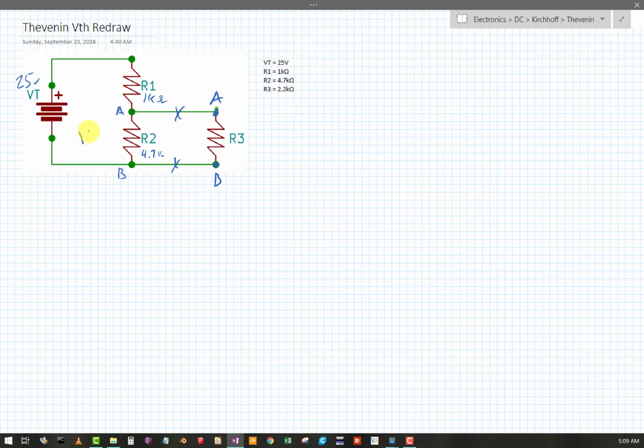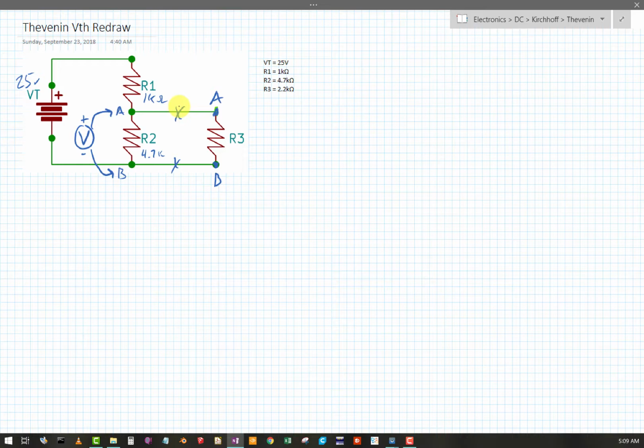So if I had my voltmeter here and I measured with my black lead and my red lead just like that, removing R3 from the load, what would I measure between points A and B? Now this circuit is actually really easy to see. Hopefully you can see that. If not, take a moment and look for it.